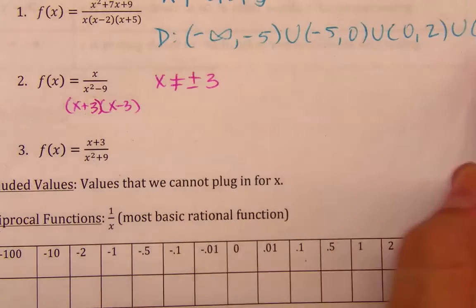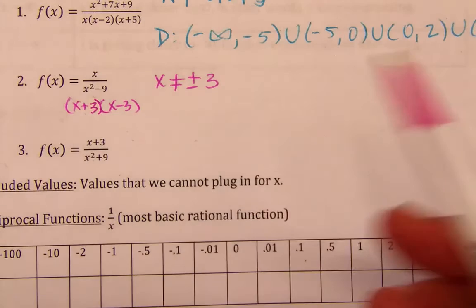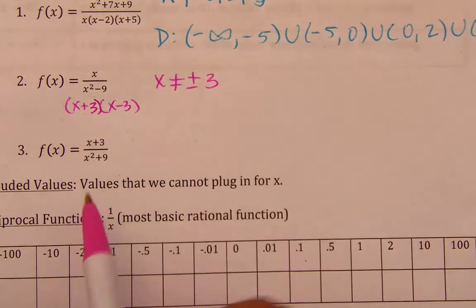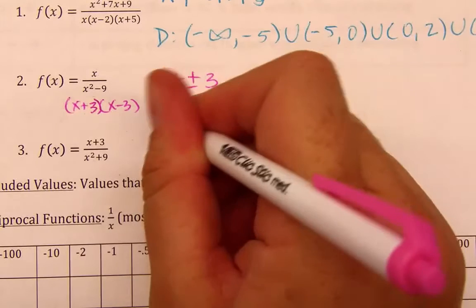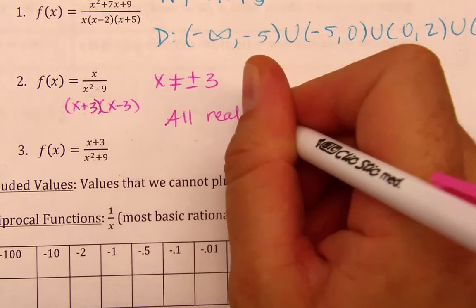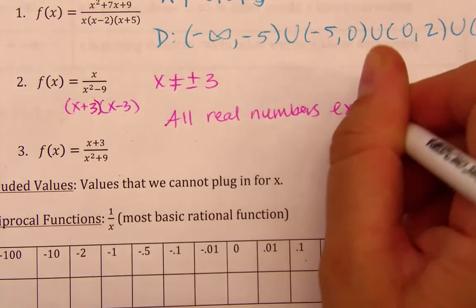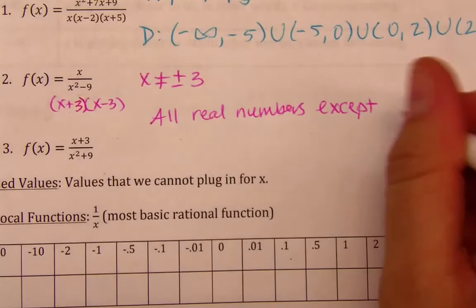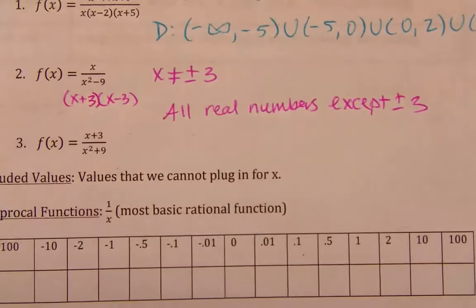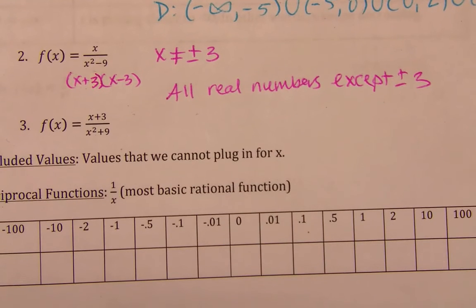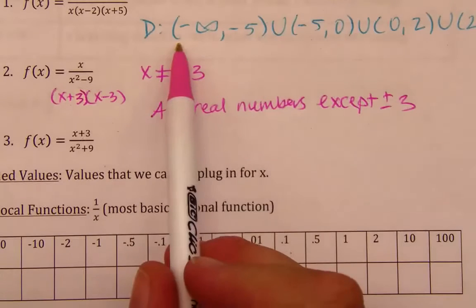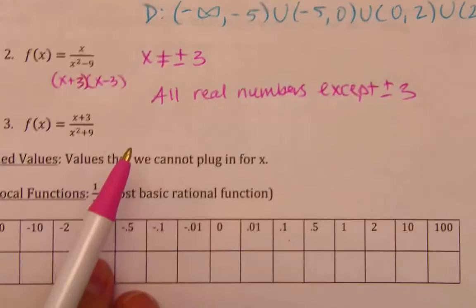So you can state your domain like this, or if it's a short answer question, you can say all real numbers except plus or minus 3. And that's fine for a short answer question. A multiple choice question is typically going to have an answer like that.